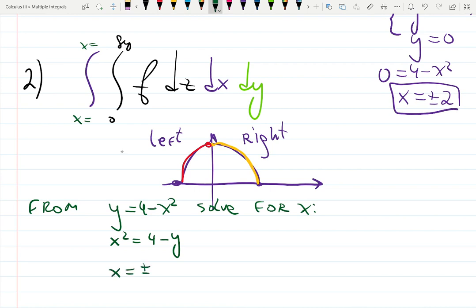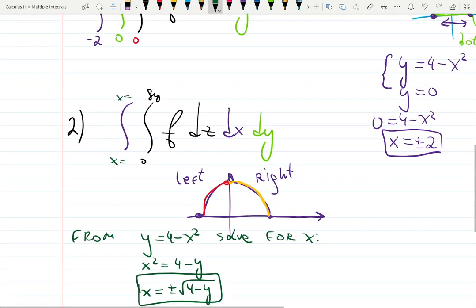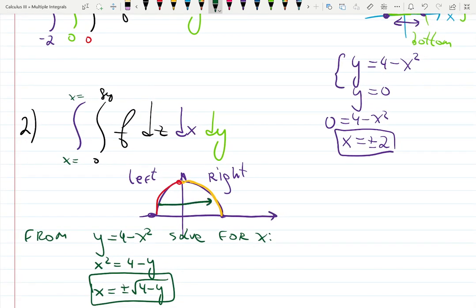X will be plus and minus square root of 4 minus y. So it's going from small to large, right? From small to large, bigger and smaller, which is from minus a square root of 4 minus y to plus a square root of 4 minus y.